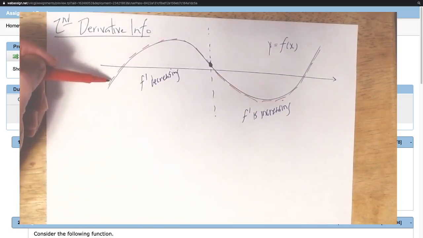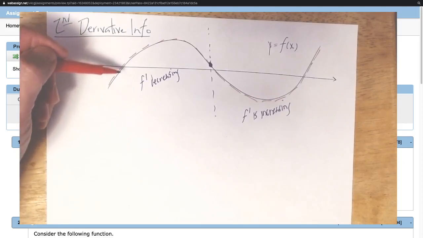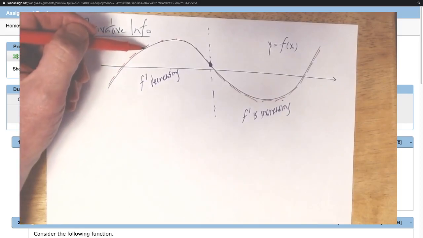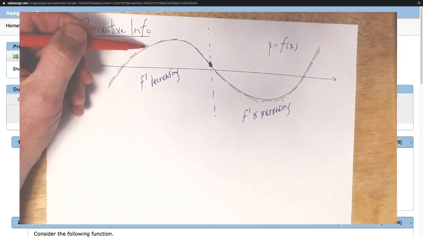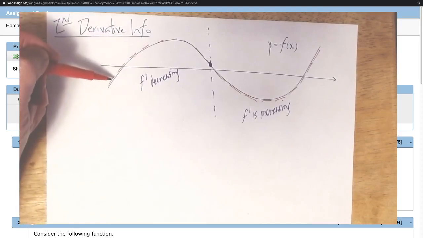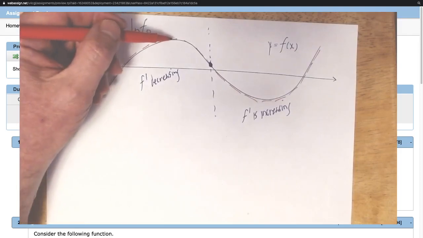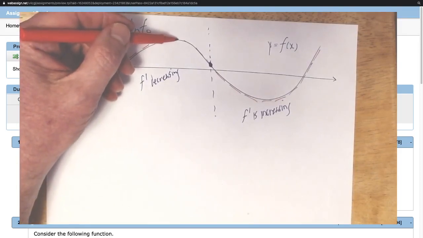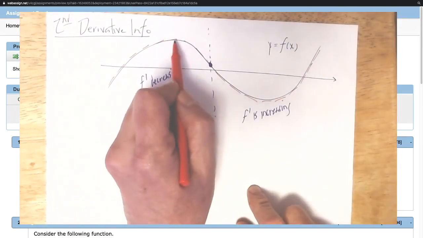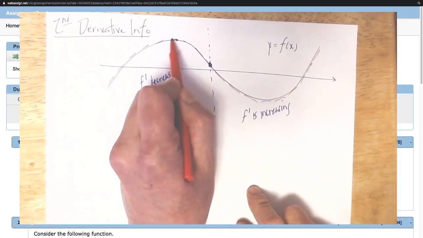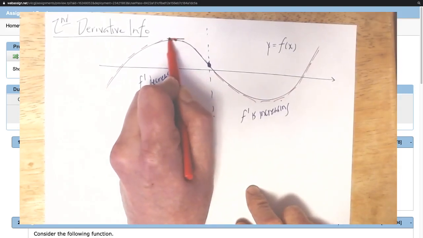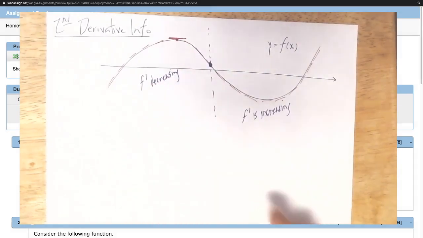Large positive slope, like maybe 5 here, but as we move to the right, the slopes start decreasing, right? So this slope here is not as steep as it was back here. So the slope is decreasing for those tangent lines until you get to the very peak of the graph, which would be somewhere around here, where you've actually got a tangent line whose slope is 0.